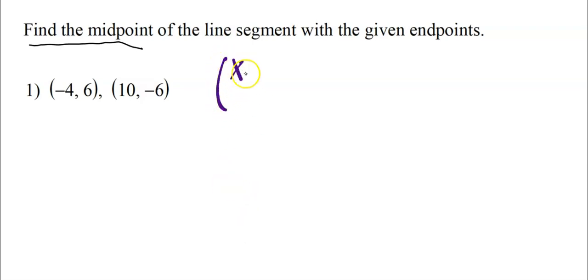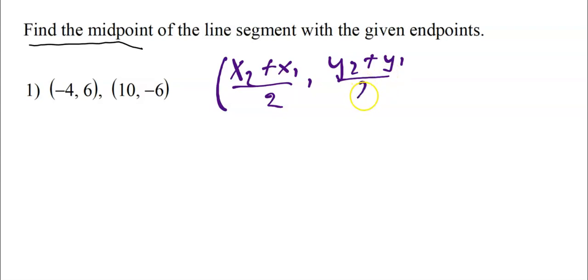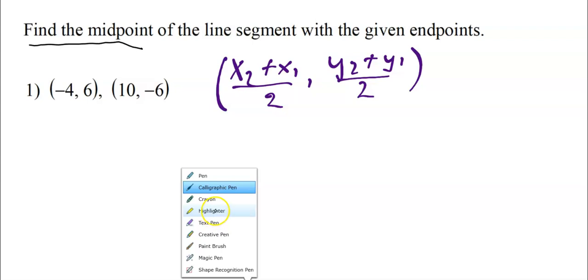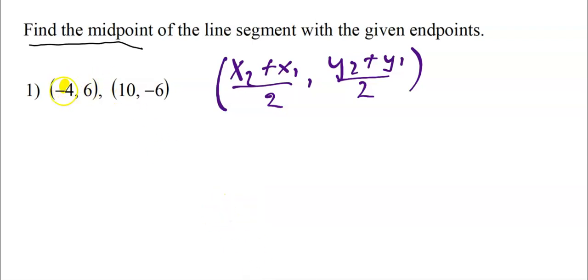Midpoint formula says take my x values, add them together, divide by 2. Then we're going to take the y values, add them together in the same order as the x's, divide by 2. I'm going to color code these a little bit to help me out. This is my first x value.